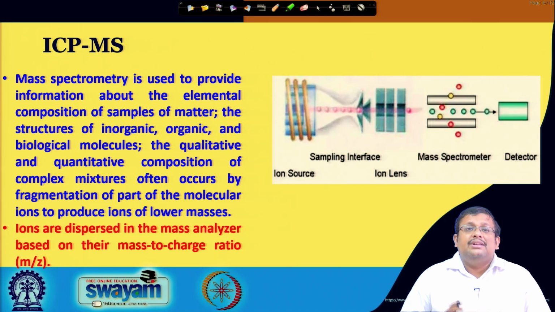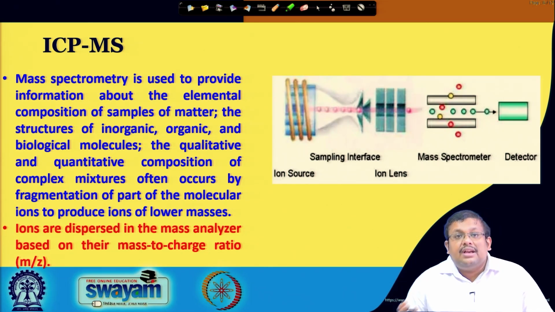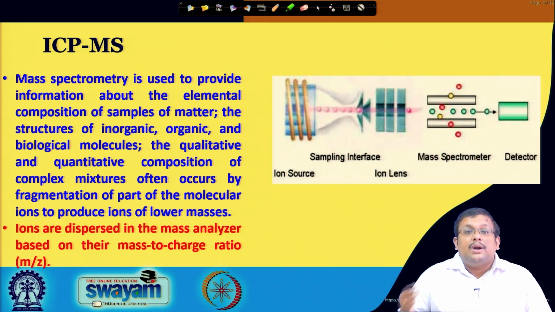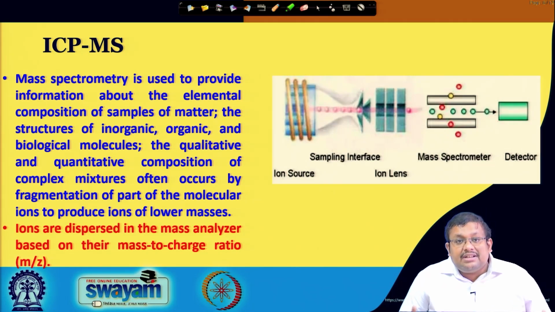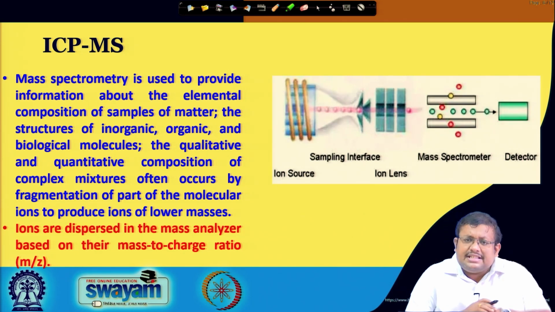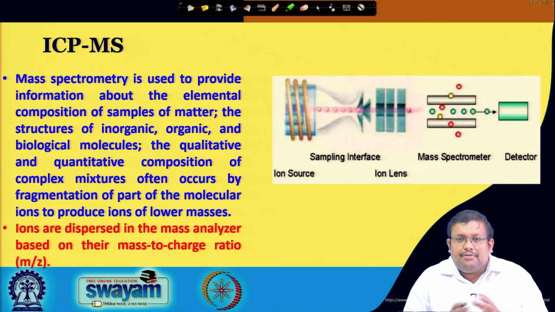Mass spectrometry is used to provide information about the elemental composition of the sample of matter and the structure of inorganic, organic and biological molecules, and the qualitative and quantitative composition of complex mixtures, often by fragmentation of the molecular ions to produce ions at lower masses. So, you can see it has a wide range of application. If you want to go to a more detailed level, you have to go with this ICP-MS.